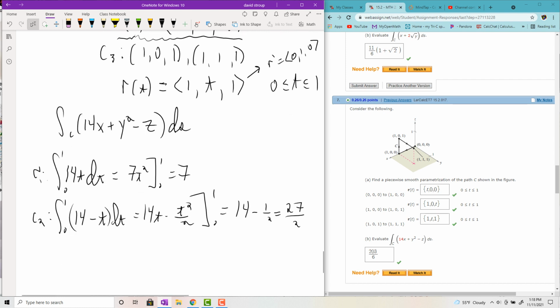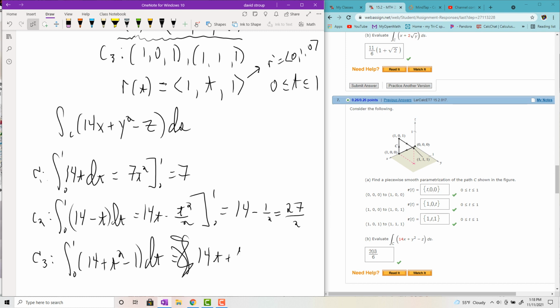And then the last curve, 0 to 1, we have 14 plus t squared minus 1 dt. That will be integrating 14t plus t cubed over 3 minus t from 0 to 1.